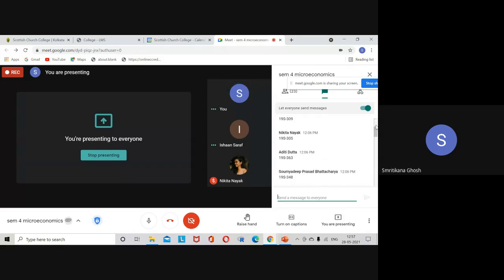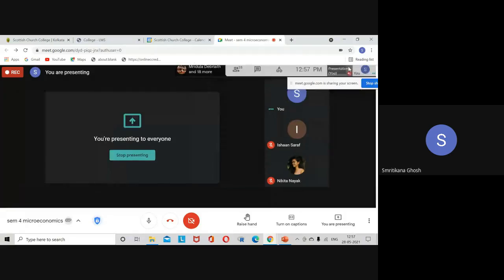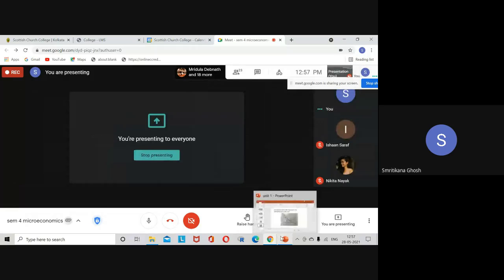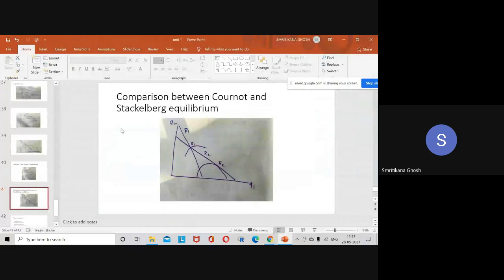And what is the reference for this, except for Ryan and Pierce? Pindyck, Pindyck. If you have any problem from the Stackelberg, you are free to ask. Otherwise, I will start the next model. That is the Sweezy model.